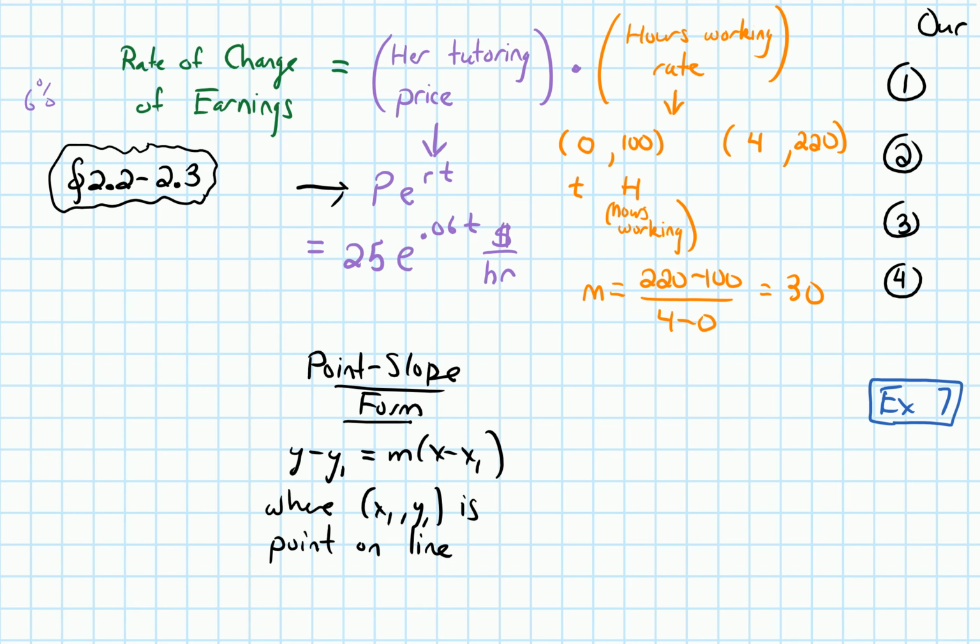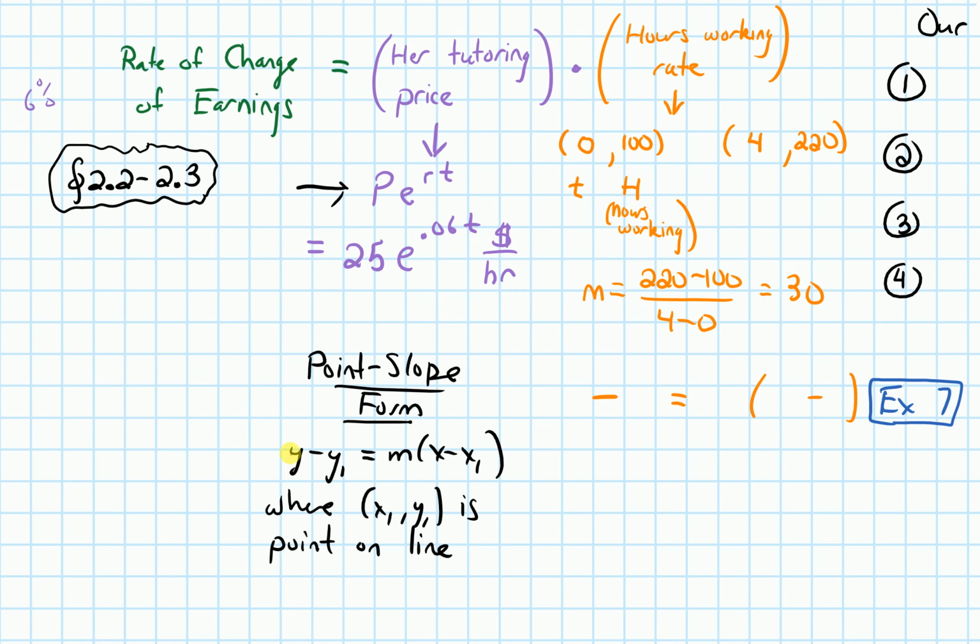Okay, so if we start to write that out for our problem right here, we would get something of the form y minus y1 equals the slope times x minus x1.